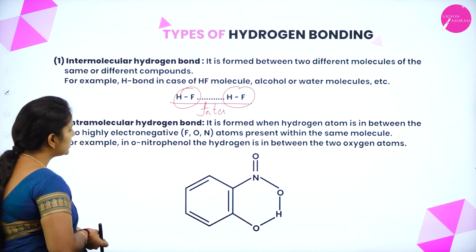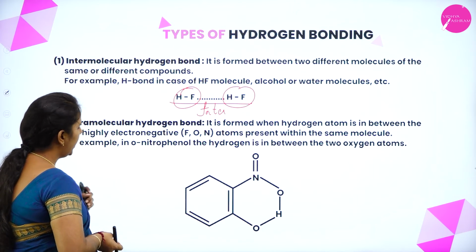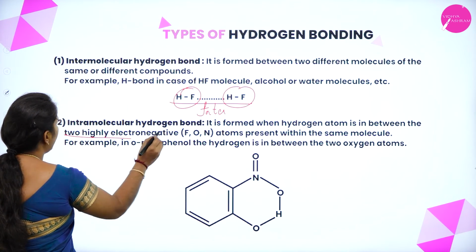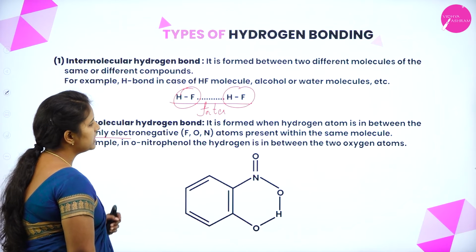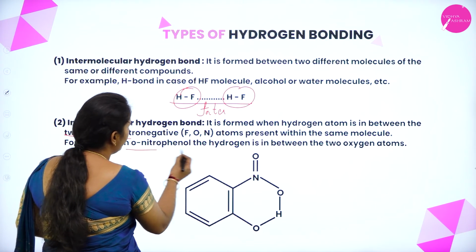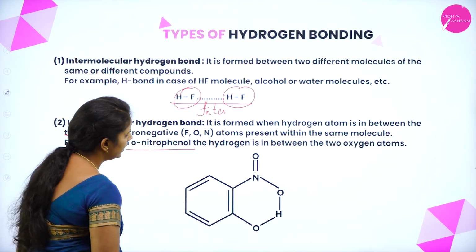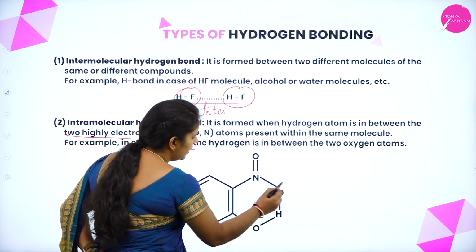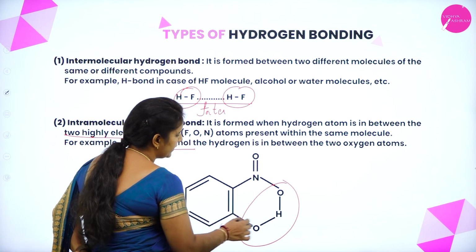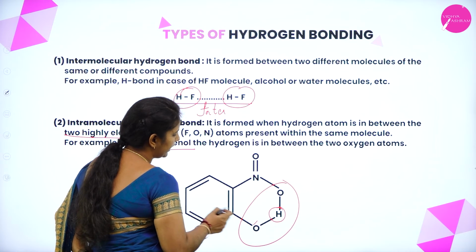I'll go with intramolecular hydrogen bonding. It is formed by a hydrogen atom in between 2 highly electronegative atoms present within the same molecule. For example, in orthonitrophenol, hydrogen is found between the oxygen atoms. Here you can see that in orthonitrophenol, the hydrogen exists between the 2 electronegative oxygen atoms.